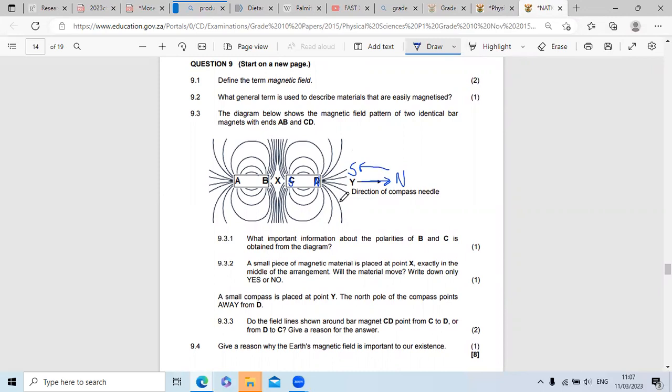No. Wait, you see here by the drawing by the magnets, right? I thought you said if it's a positive and then a positive, it will be a positive, and a negative and a negative will give a positive.